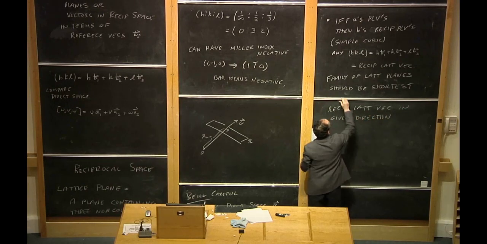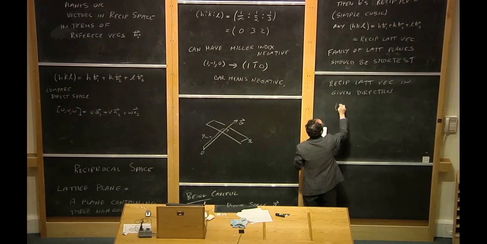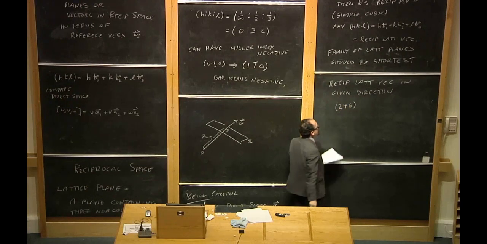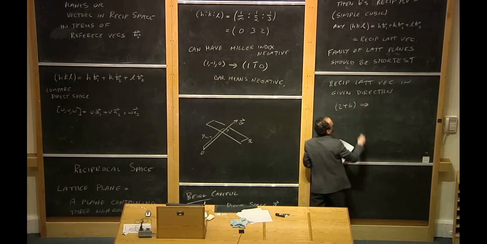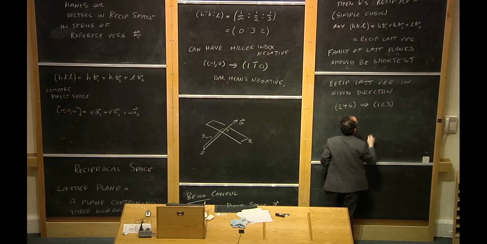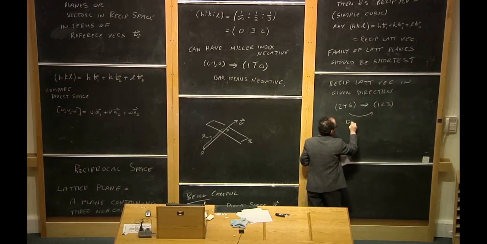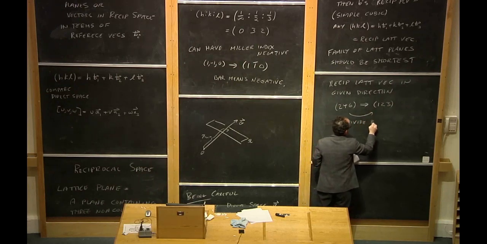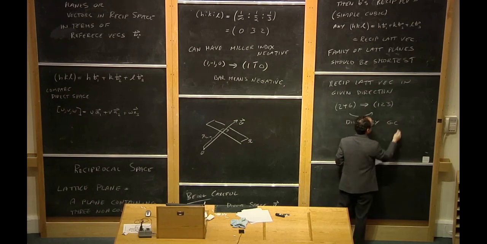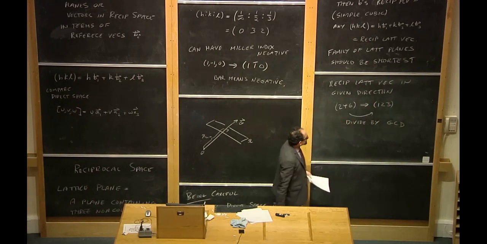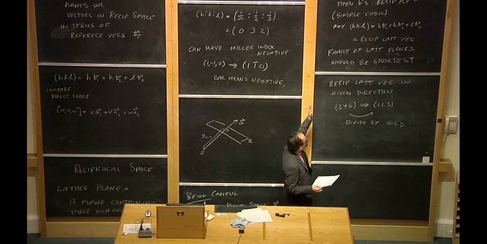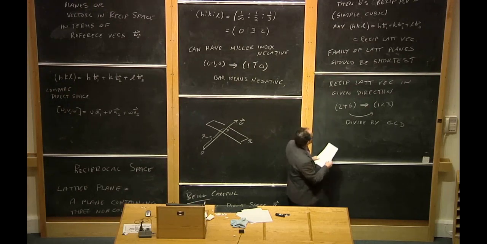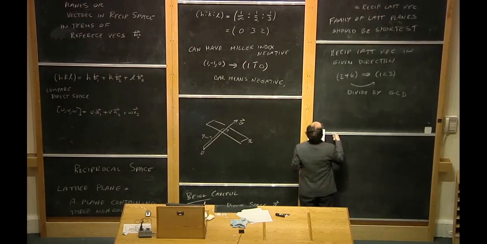So for example, if we're considering the direction 2, 4, 6, the shortest reciprocal lattice vector for the simple cubic lattice in that direction is 1, 2, 3. So you divide by the greatest common divisor. So if you want to describe a set of lattice planes, you should always choose the reciprocal lattice vector which is shortest in that given direction.